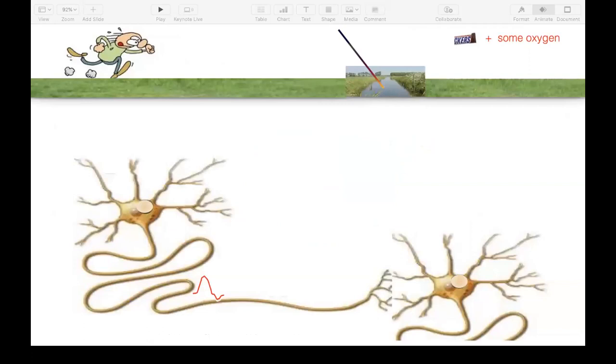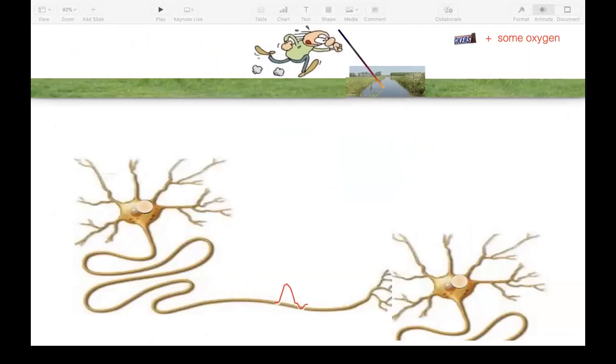Now, the observation is, so this is essentially already a summary of the answer to the question I just posed. In essence, this is the situation that occurs if there is a limited availability of glucose and oxygen. It is shown from experimental data that this process does not fail at the first moment.